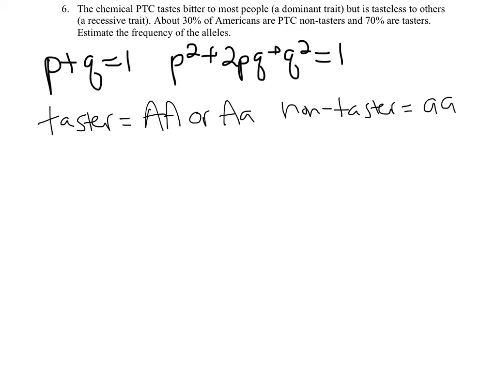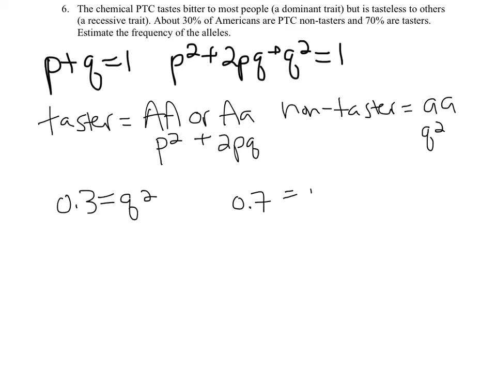So we have Q squared, P squared, and 2PQ. Non-taster, the frequency of non-tasters is 30%, so 0.3 equals Q squared, and then 0.7 equals both P squared plus 2PQ.